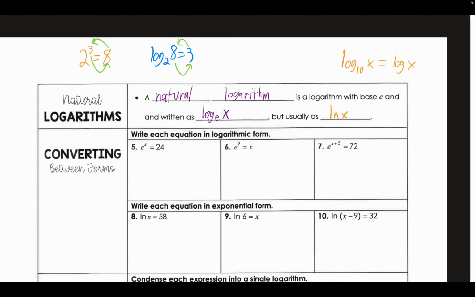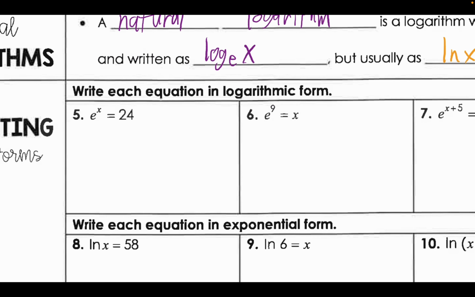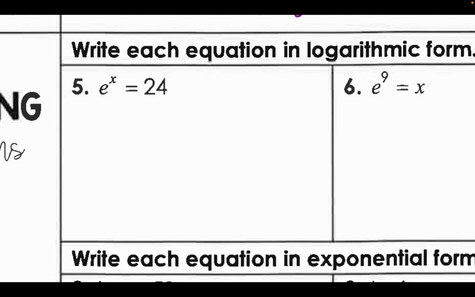So in number 5, we're going to convert from exponential to logarithm, and that's going to be 5, 6, 7, and then in 8, 9, 10, we're going to go the other way, from logarithms to exponential. So in 5, e to the power of x equals 24, so we're going to do our spiral. It's going to be log base e, which we're just going to call natural logarithm of 24 equals x. And that's our answer.